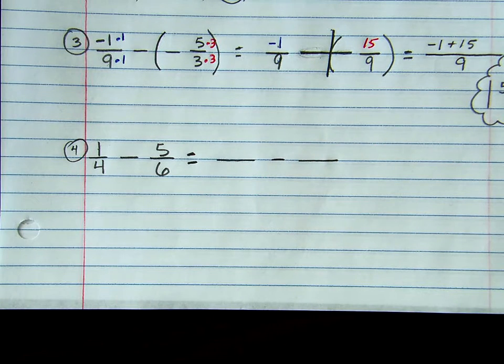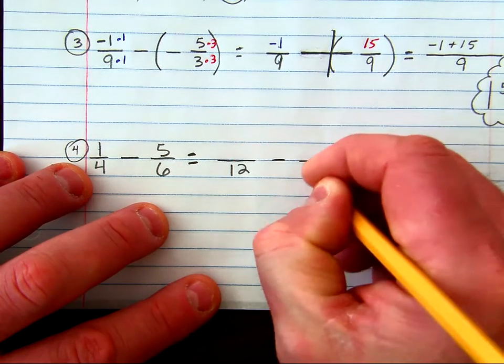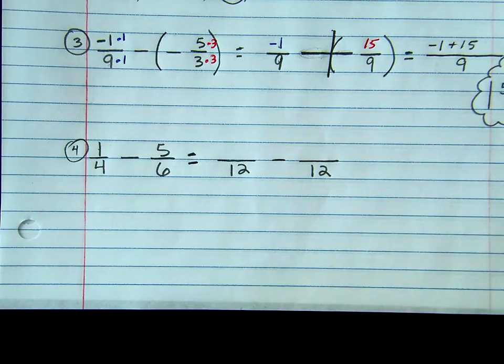Denominator is 4 and 6. What is the smallest multiple, the smallest factor, I should say. No, not factor. Smallest multiple. The smallest digit that 4 and 6 can be divided into. Alex. 12 is correct. Could we have used 24?